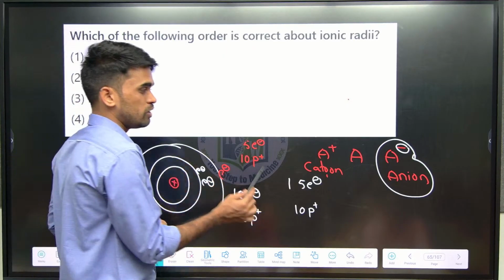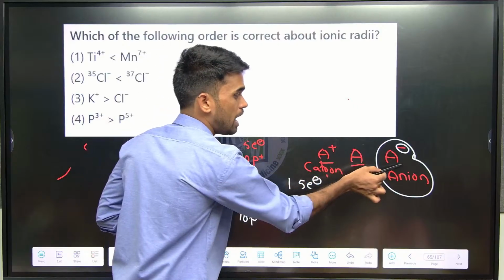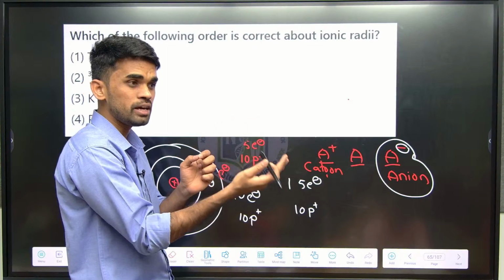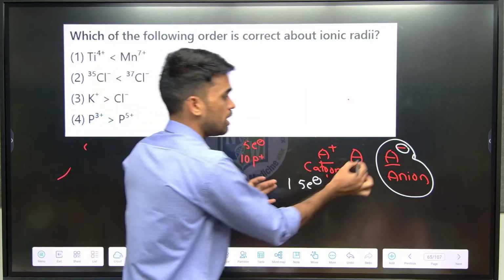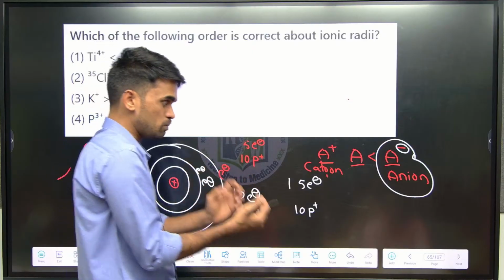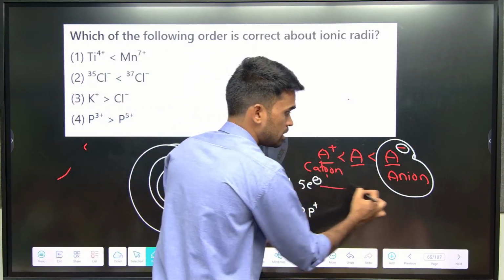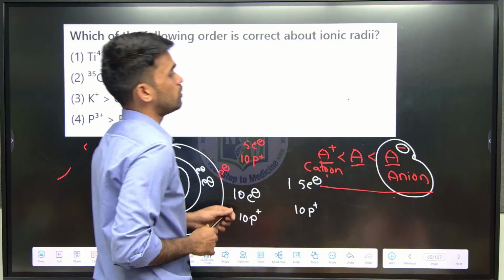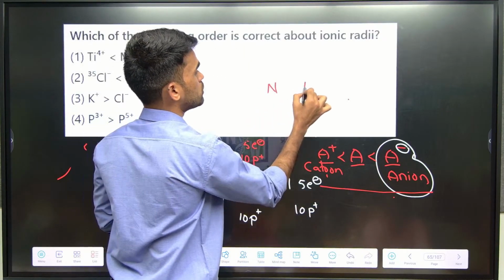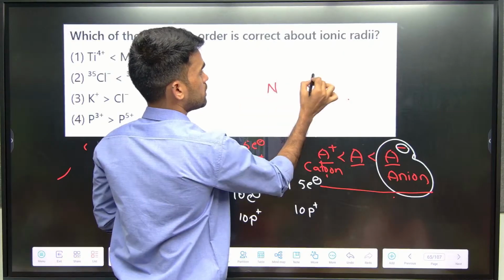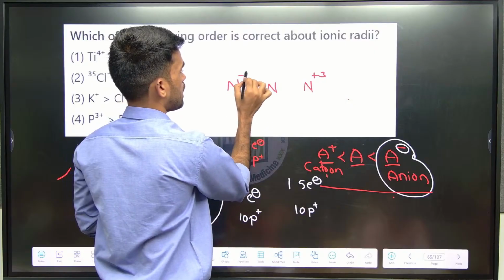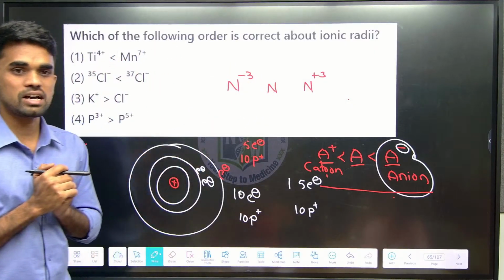So if I give you a cation, atom and anion, always the size of the anion will be larger. And always the size of the cation will be smaller. Is this clear? Sizes? Okay. Now I am giving you nitrogen atom, nitrogen cation, nitrogen anion. What is the size order?